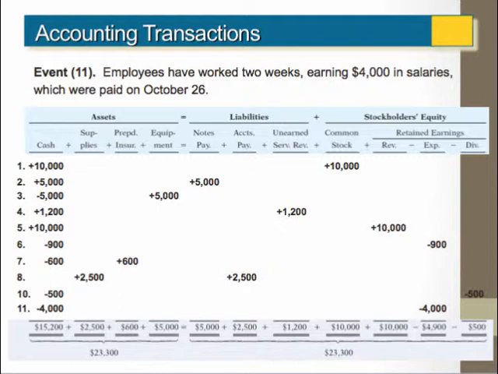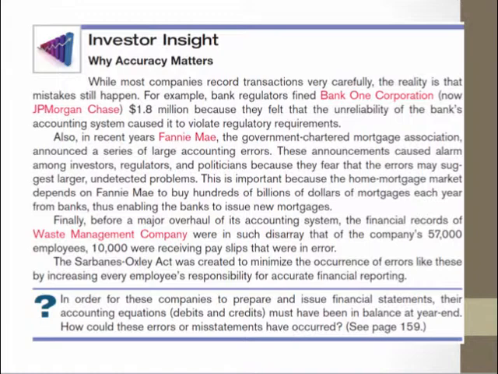As you look at these numbers, one of the things that should stand out to you is that it's very important to make sure that we classify transactions correctly. In your textbook, we ask the question, why is accuracy important? It's very important that we categorize the transaction into correct categories because we want to make sure that we tell the reader of the financial statement exactly what happened.